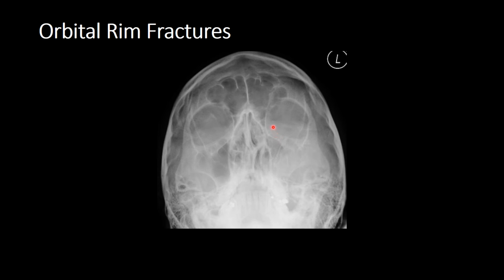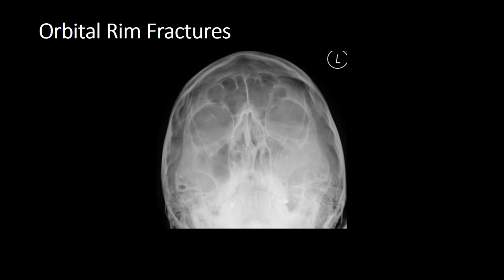That is a step in the infraorbital margin. Remember, this is the infraorbital margin. So this is a step in the infraorbital margin. This is not a fracture of the orbital floor. That's very important. We cannot visualize the orbital floor on an OM or an OM30 view.